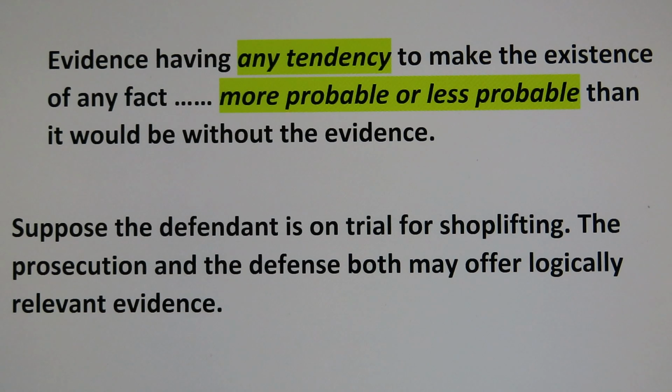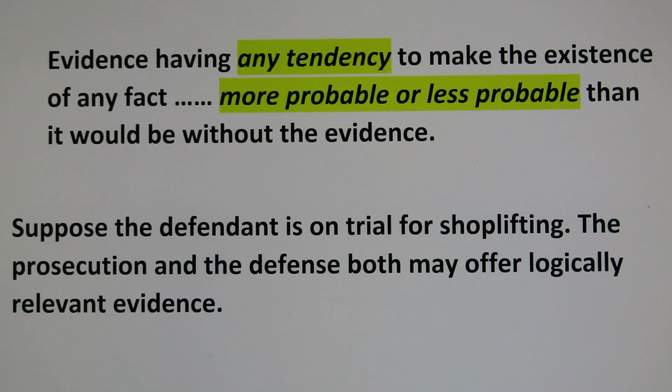All right, so for the defense, of course, the defense could also offer relevant evidence to show he did not commit the crime. For example, the defendant can offer someone to testify that on the day of the crime, he had an alibi. Maybe a witness would come to court to say on the day of the crime, the defendant was actually with her, and so the defendant could not possibly be in the store to commit this shoplifting.